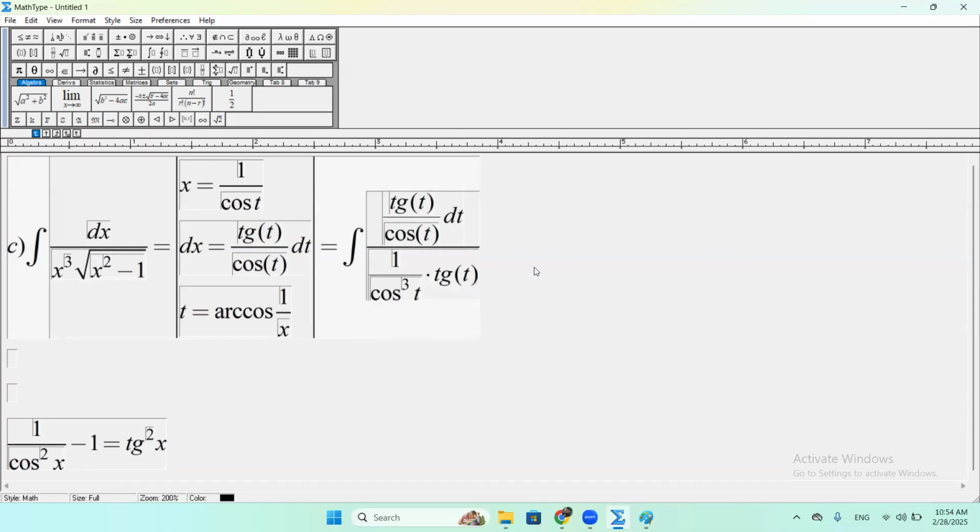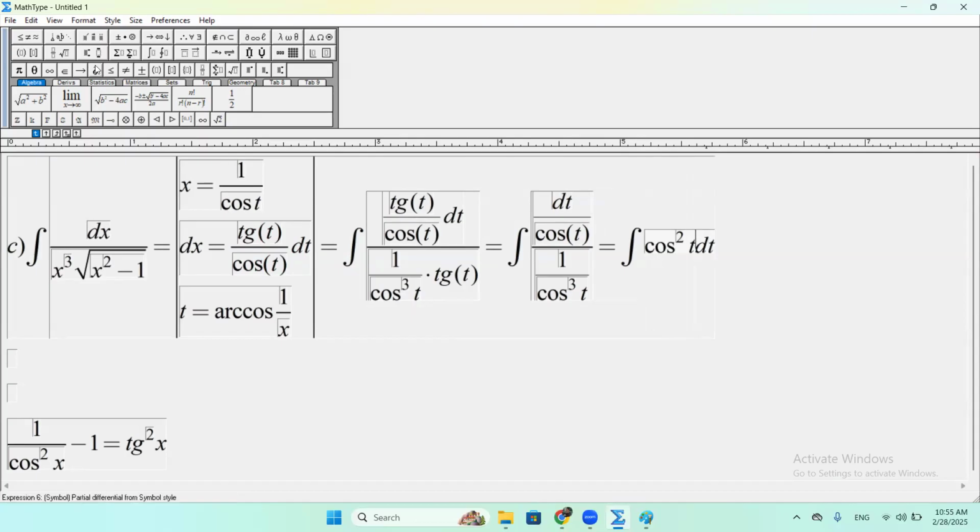Okay, and now we can reduce this expression. First of all, let's reduce tangent t. Tangent t is everywhere in the numerators, so it will go away. Then we can reduce cosine of t, and we will receive cosine square of t dt. How to calculate this integral we already know.